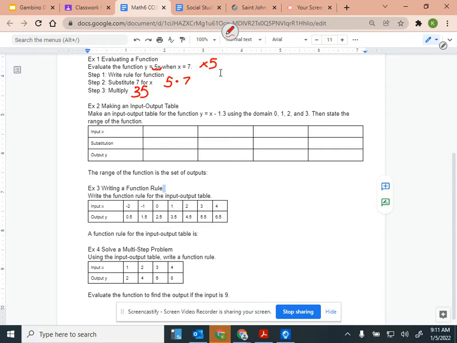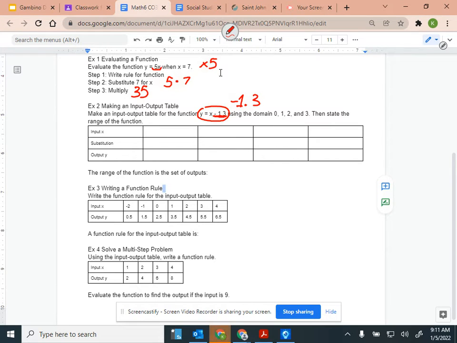What are we doing to every one, Will? You're on the wrong one. Y equals x minus 1.3. So what are we doing every time? To every x, what are we going to do to it? Subtract 1.3. So that's our rule. Every input, we're going to subtract 1.3.